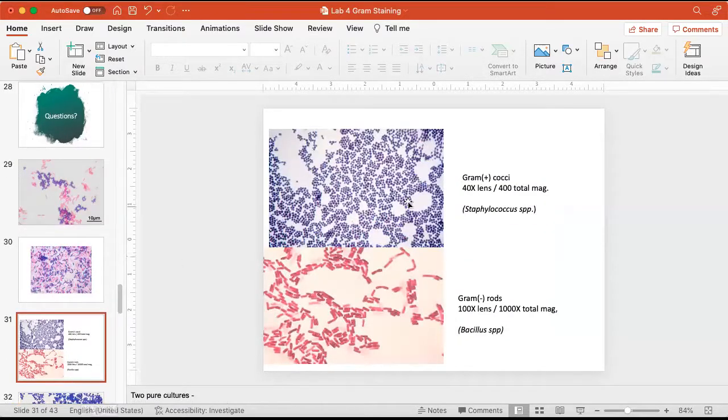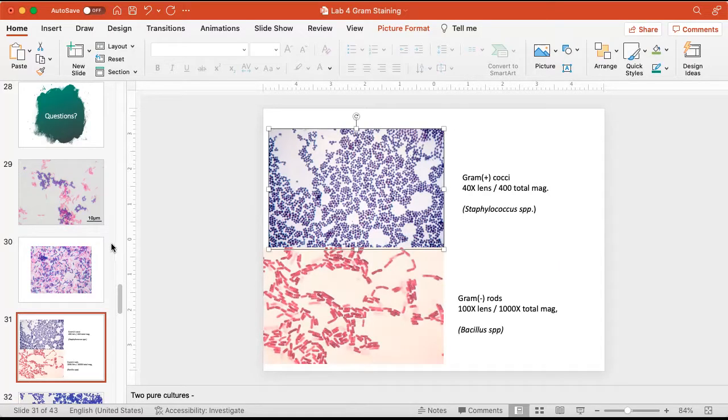All right. On this slide, I've got a couple next to each other. This is a gram positive coccus. This happens to be underneath the 40x lens, so that's a 400 times total magnification. I just want you to look at this. You can see this, right? You can see purple and you can also see cocci. You can see circles.